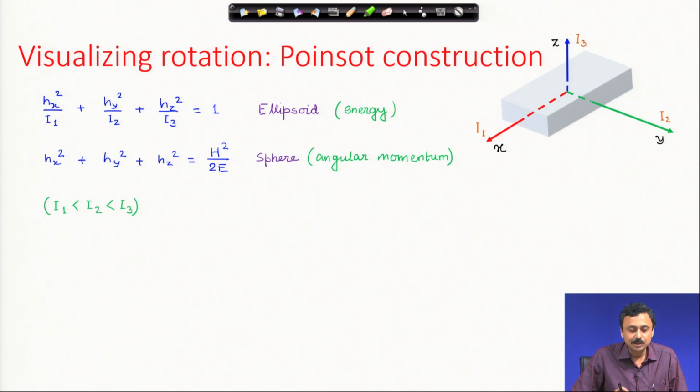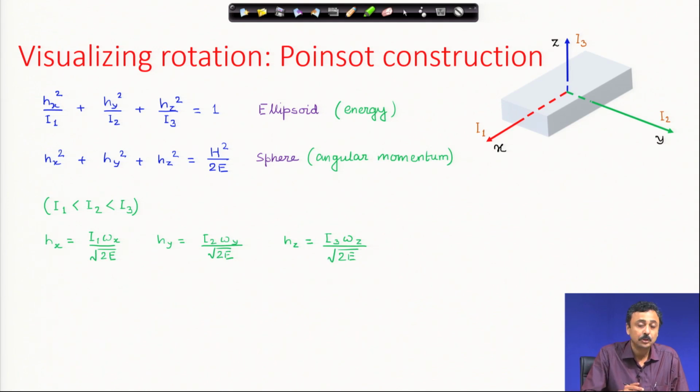Now, lowercase h x, h y, h z appear in both these conservation equations, and these values are identical, so the same values of lowercase h x, h y, h z must satisfy both geometric conditions.